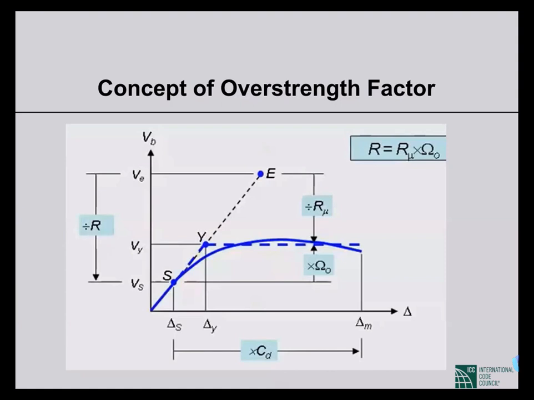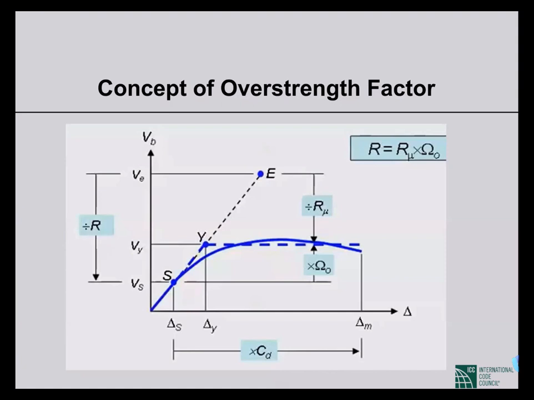So the structural fuse items, those items which we want them to undergo a large deformation, at the same time we have to make sure they don't collapse early. So we have to make sure they have enough strength so that they can sustain the load up to Vy. So we have to ensure both.